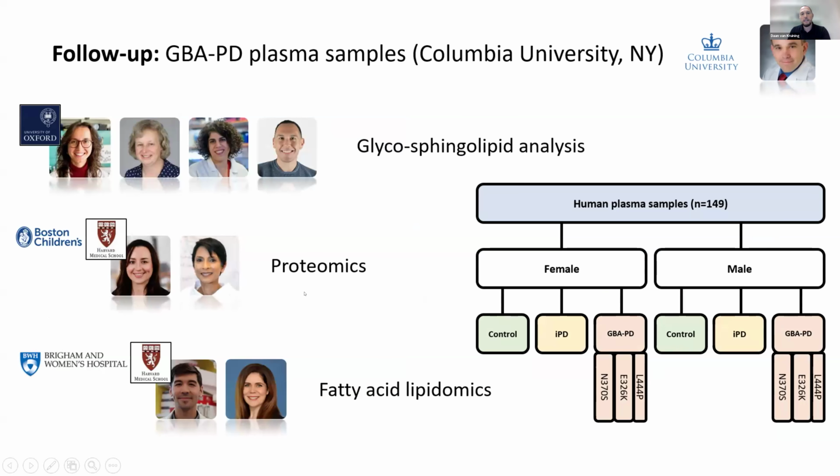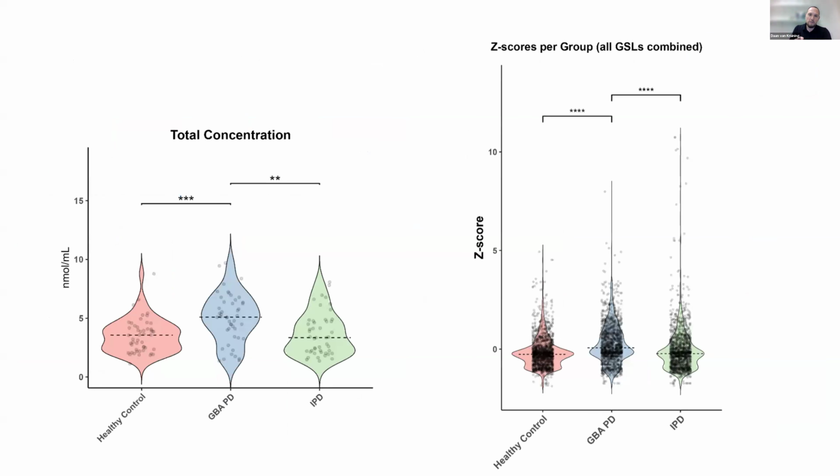As mentioned, this is a collaborative effort at the moment, in which we look at the glycosphingolipids, Steen Lab looks at the proteomics, which we'll hear more about, and Fanning Lab goes more into the fatty acid lipidomics, so that we can do this multi-omic analysis. Back to my results, I analyzed these plasma samples, and what we found basically is very much in line with the initial results: in GBA-PD, the glycosphingolipids generally are heavily upregulated.